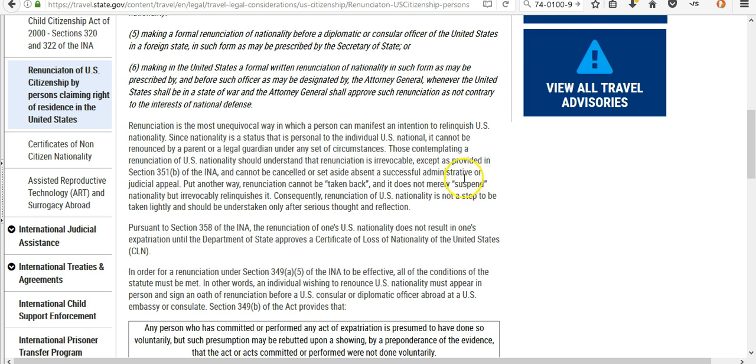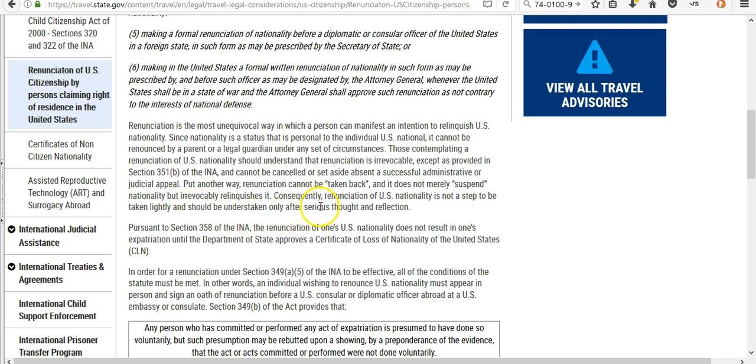But notice what they say here: it cannot be canceled or set aside absent a successful administrative or judicial appeal. Put another way, they say this cannot be taken back and does not merely suspend nationality, but irrevocably relinquishes it.